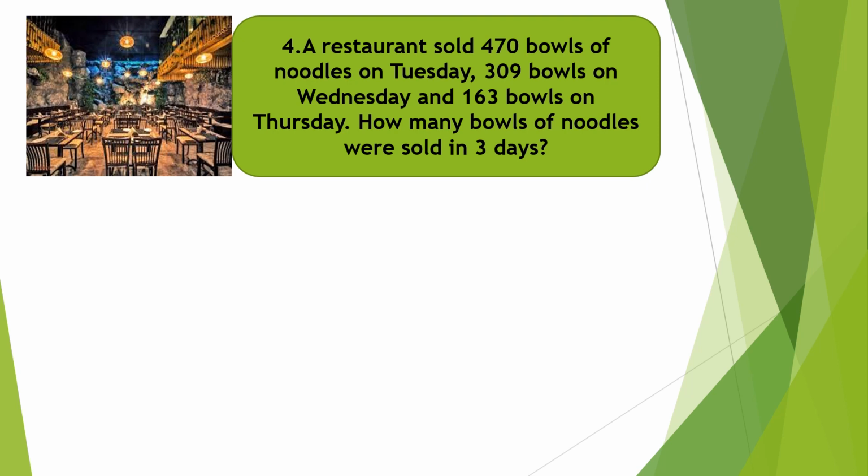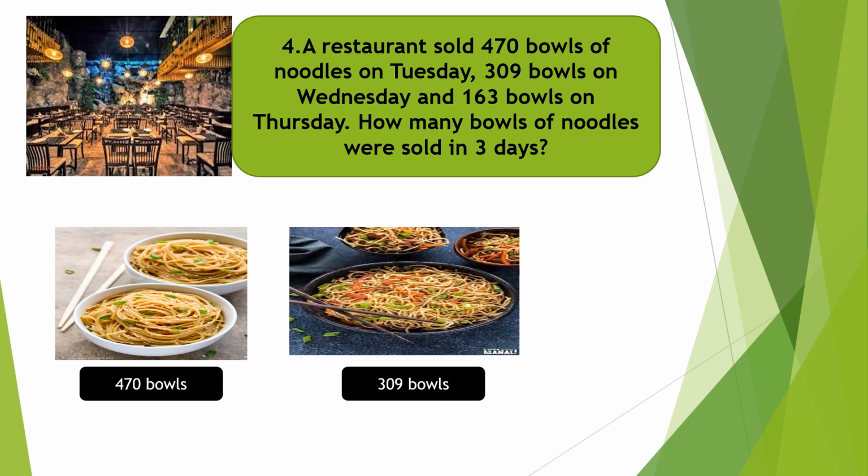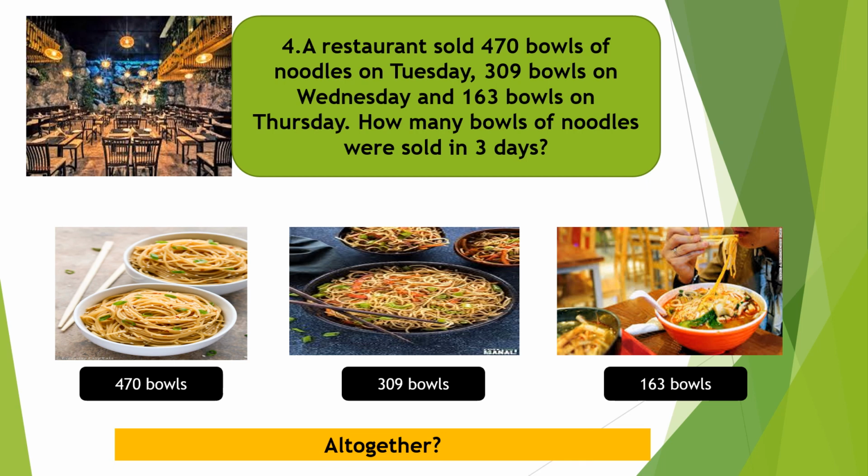So we know that is a restaurant, and 470 bowls were sold on Tuesday. 309 bowls of noodles were sold on Wednesday, and 163 bowls were sold on Thursday. So how many bowls of noodles were sold? How to find out? All together how much? So add them, children. 470 plus 309 and 163.